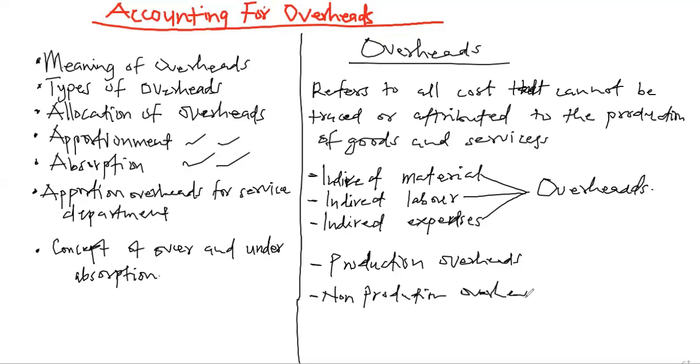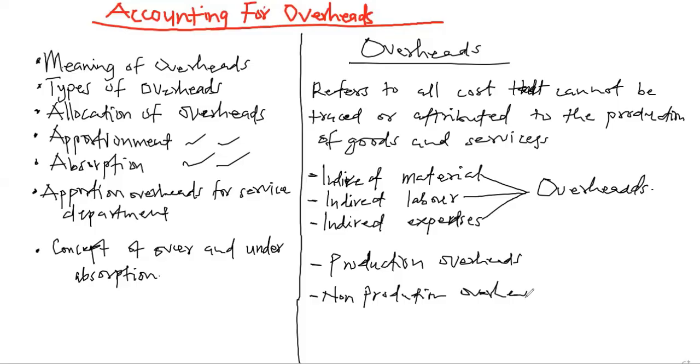Or for example, fuel used to operate the machine to produce three products. Since we can't attribute the cost of the fuel to only one product, it is indirect material.